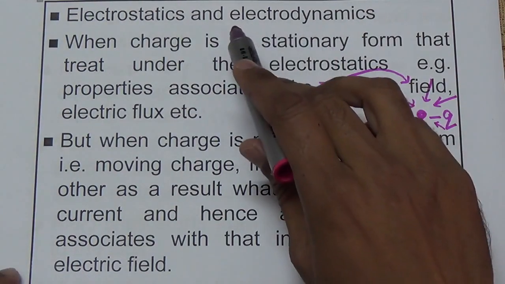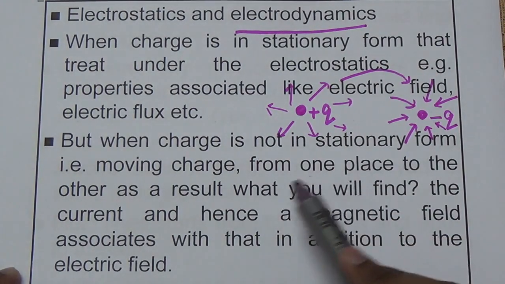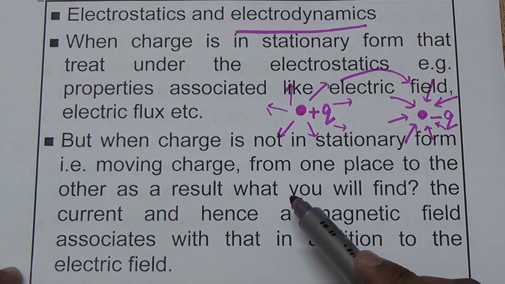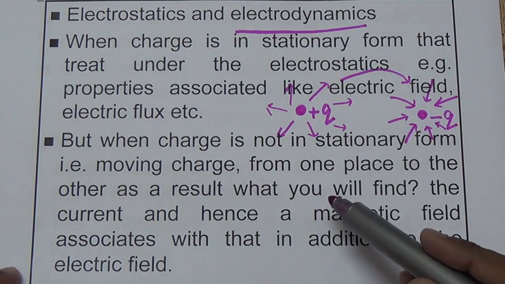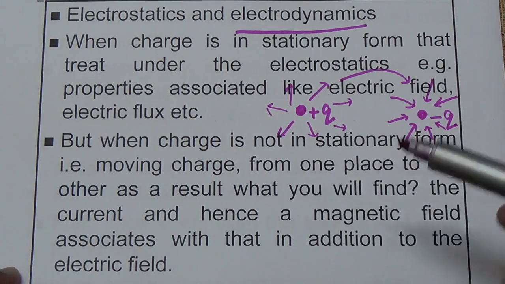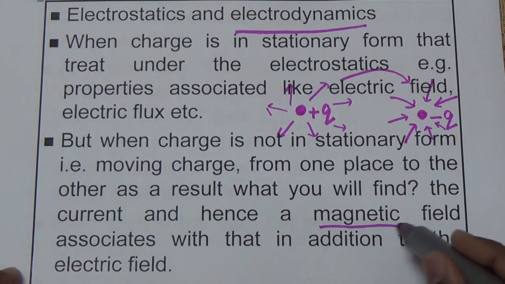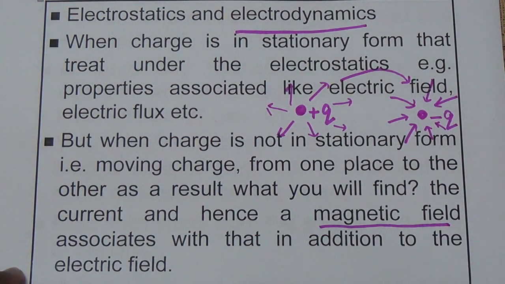And what is electrodynamics? In electrodynamics basically when charge starts to move, a moving charge, what does this moving charge do? This moving charge basically produces a magnetic field. Moving charge produces a magnetic field.